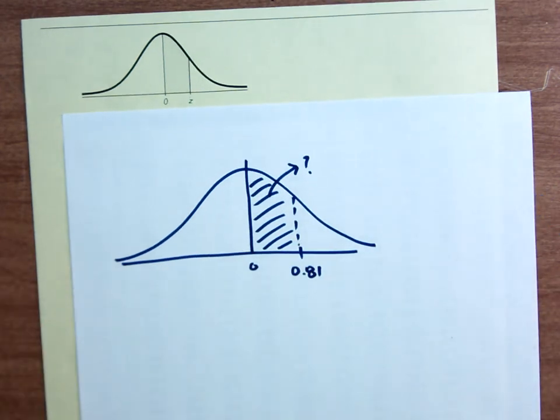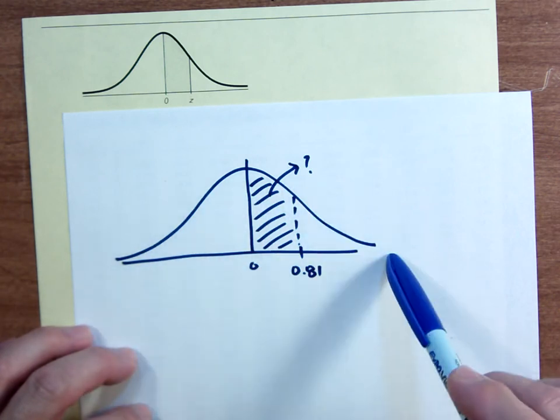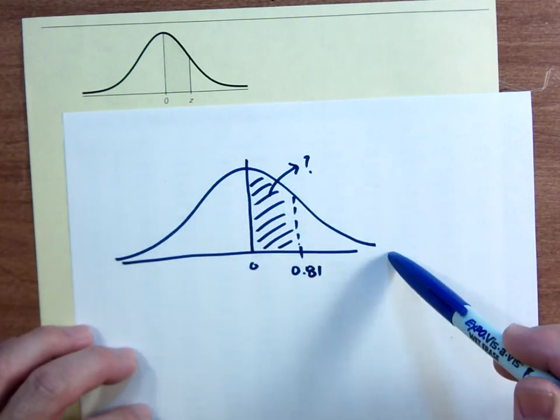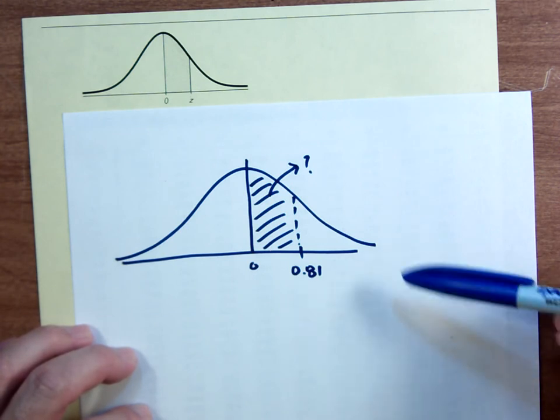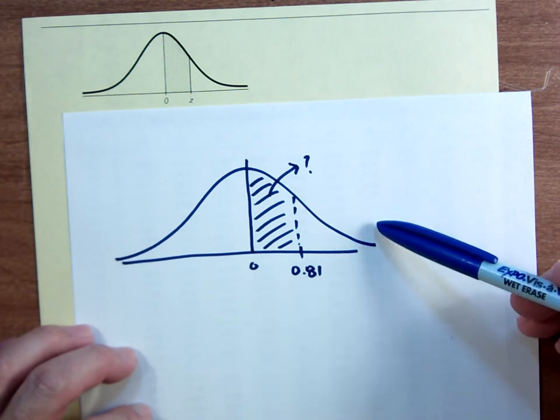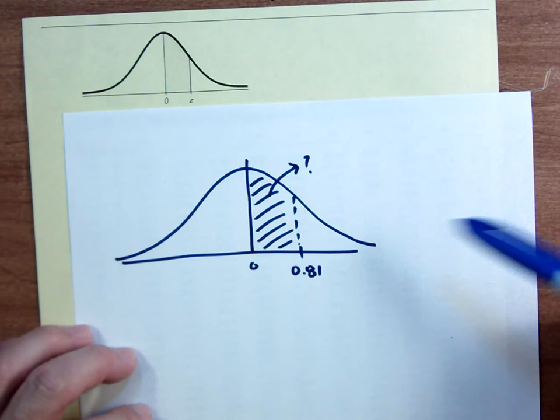Before we begin, I want to remind you that the entire area underneath the curve is 100% or 1.00. So the answer can never exceed 100%, and the area can never be negative. All the answers must stay between 0 and 1.